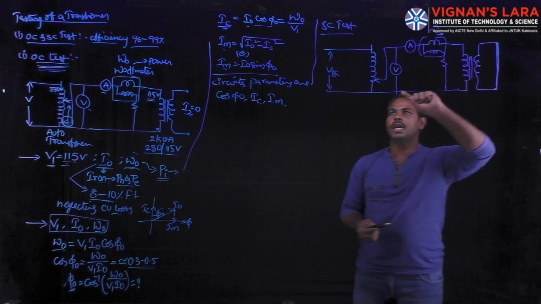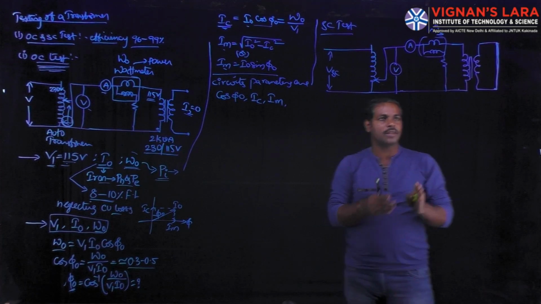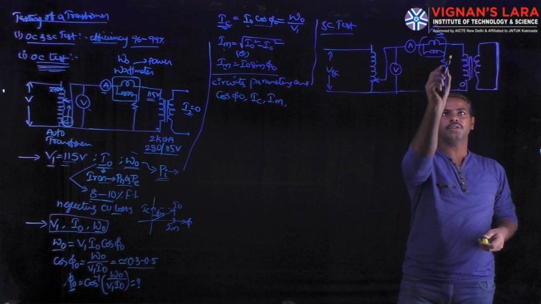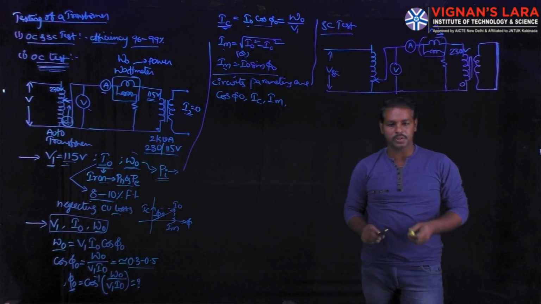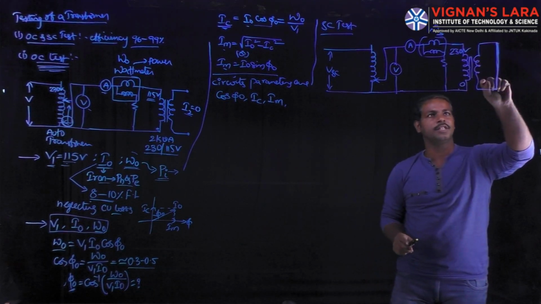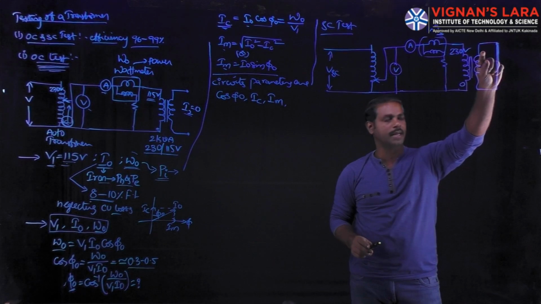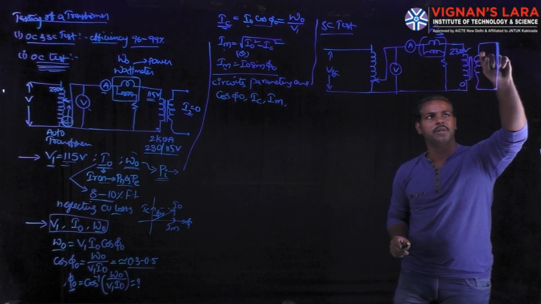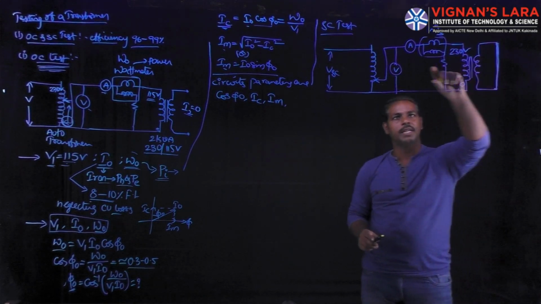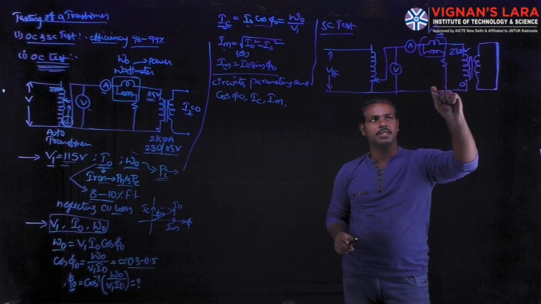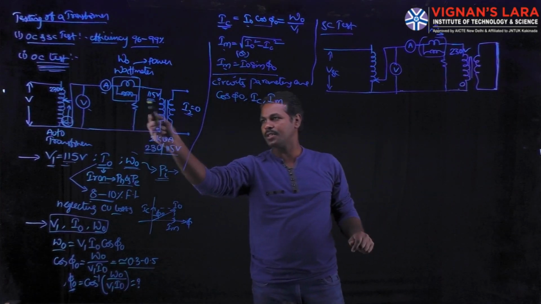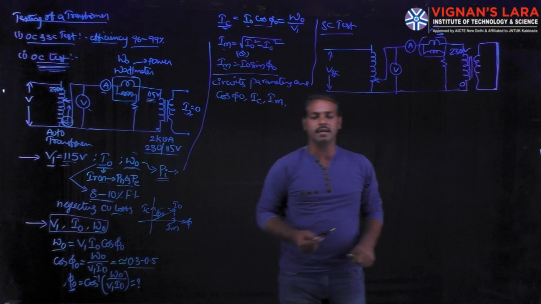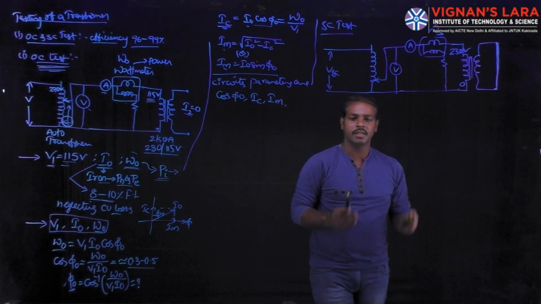The short circuit test is always conducted on the HV side, that is 0 to 230 volts, and the secondary side, 0 to 115 volts, is short circuited. But the open circuit test is always conducted on the LV side. That is the difference between these two tests.